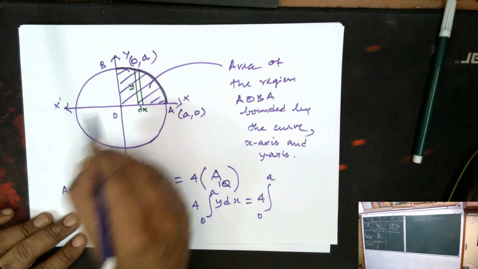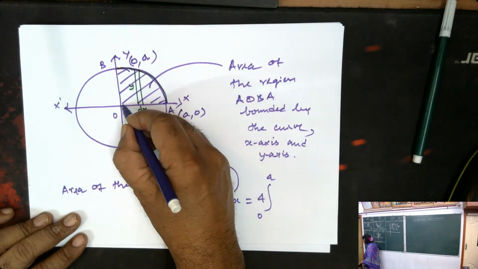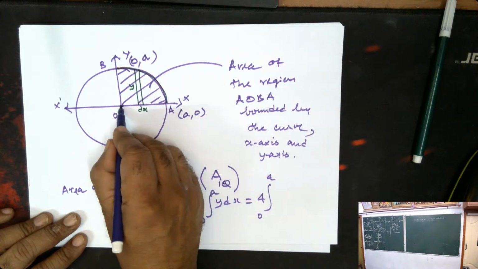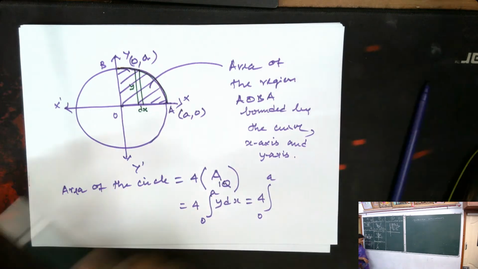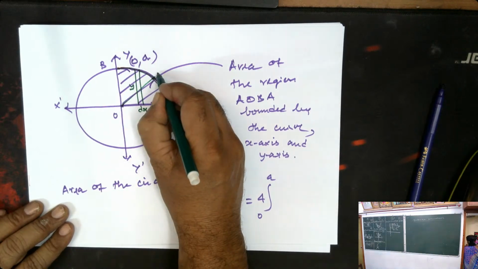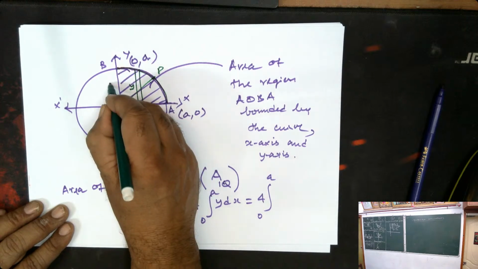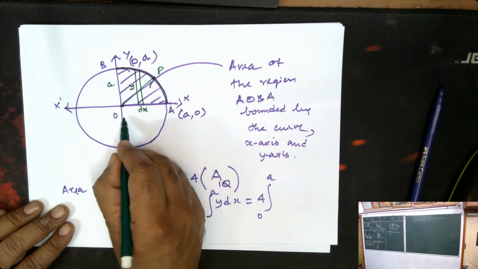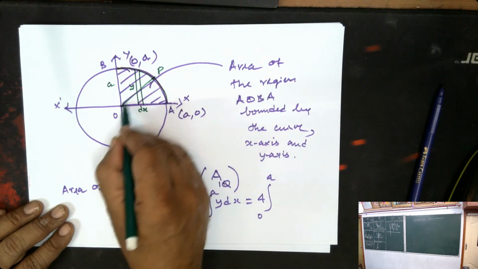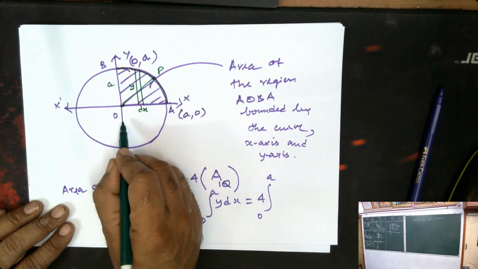Y is nothing but, you have got the radius. For example, let me identify this as radius. Okay, this is radius. OA is radius. Let me consider a point P here also. That is also radius, and this is also radius. So you can consider this as A. And what about the x-axis?